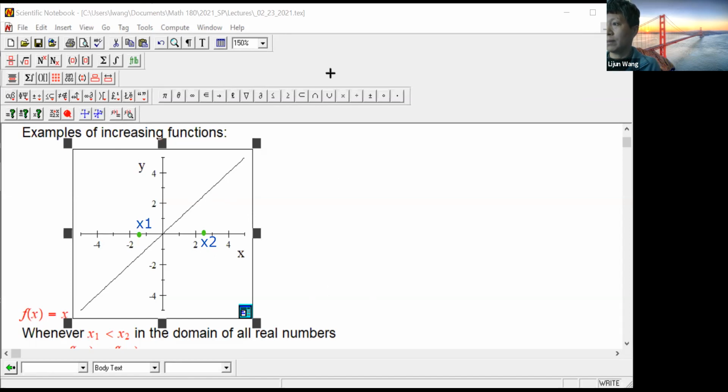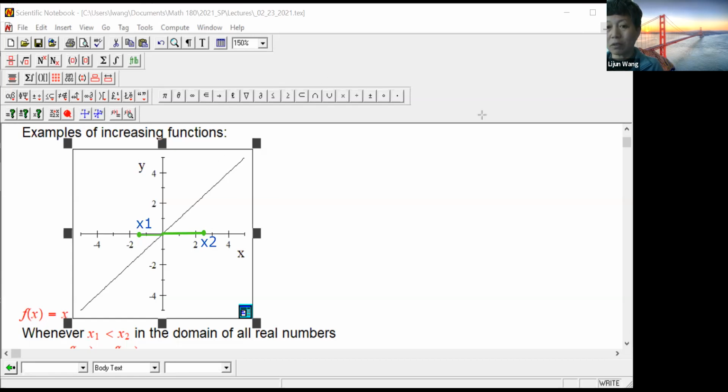What is x1? This much is x1. It's a negative number, or whatever. You can choose both as positive, both negative, one positive and one negative, doesn't matter. And x2, what is x2? This is x2. They're all measured from the origin. So x2 is to the right of x1 on the number line. Therefore, x2 is larger than x1, yes?